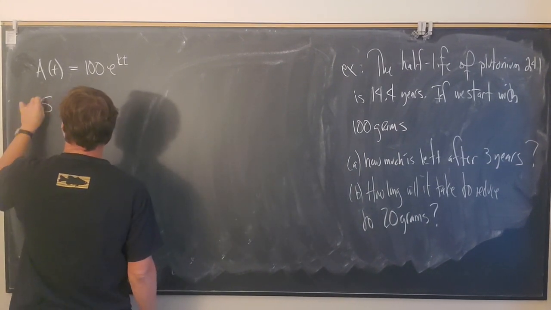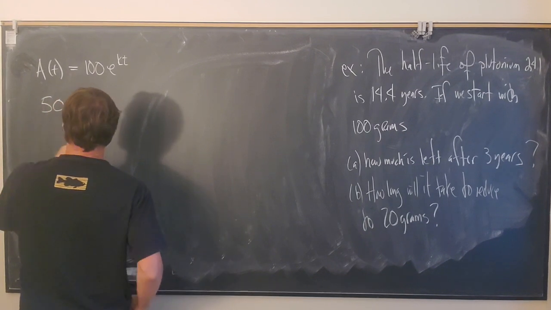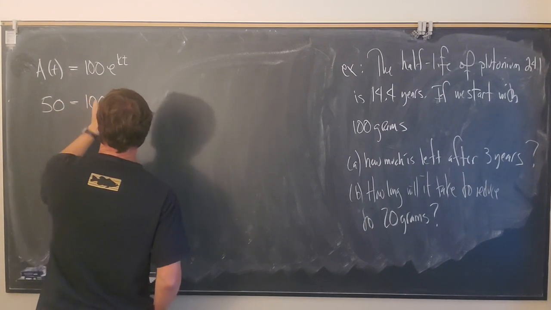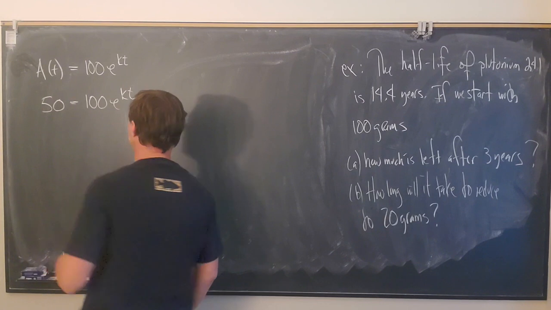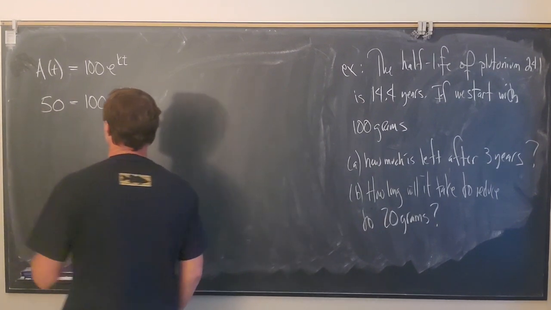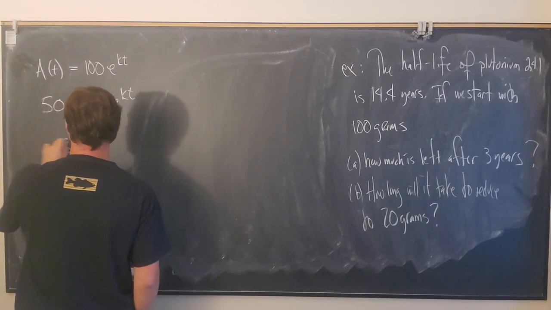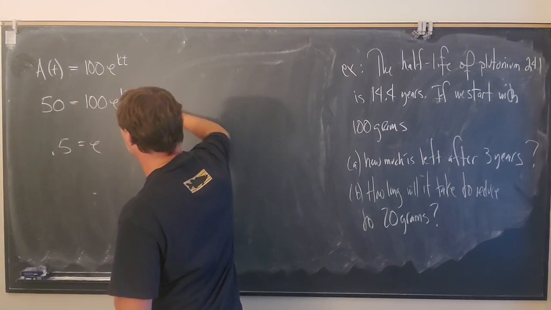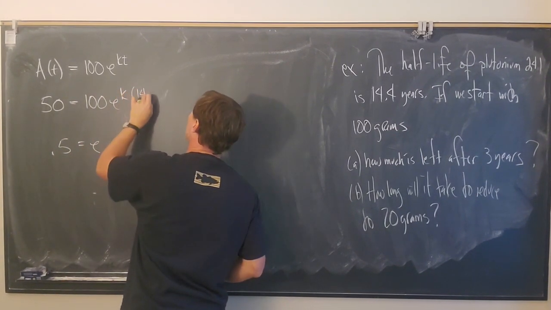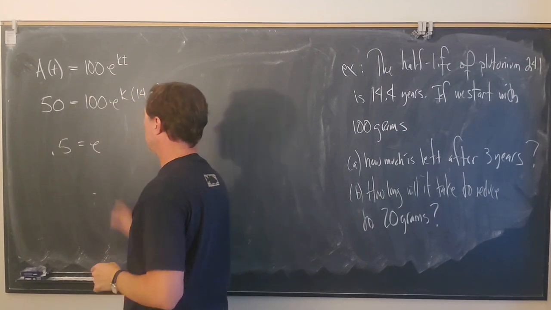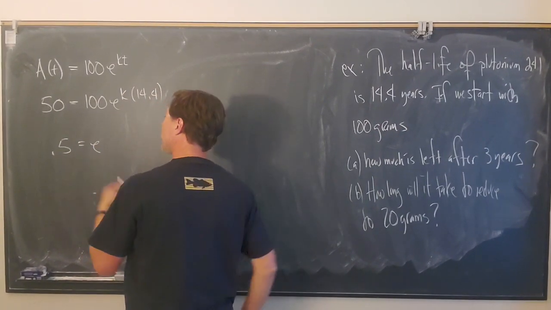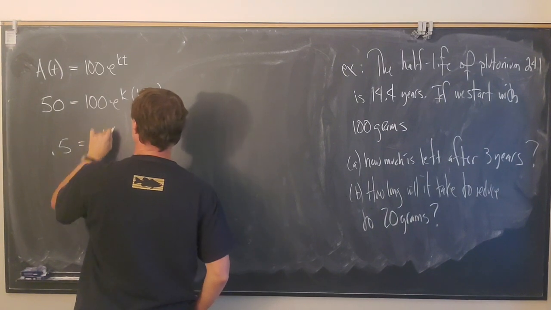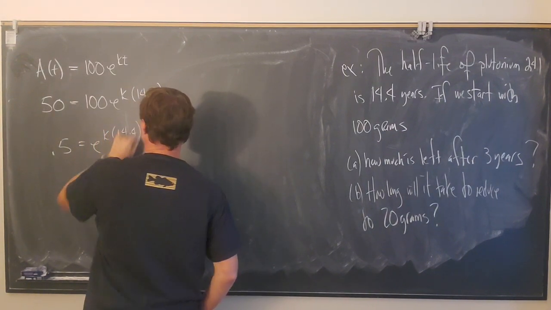So if we started off with 100, after 14.4 years we'll have 50 grams. So we get 0.5 equals e to the K times 14.4, after dividing both sides by 100.